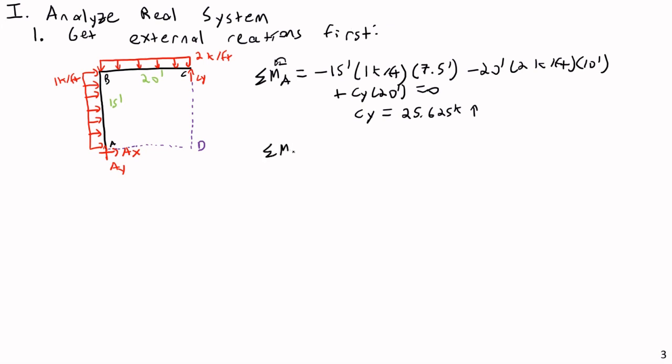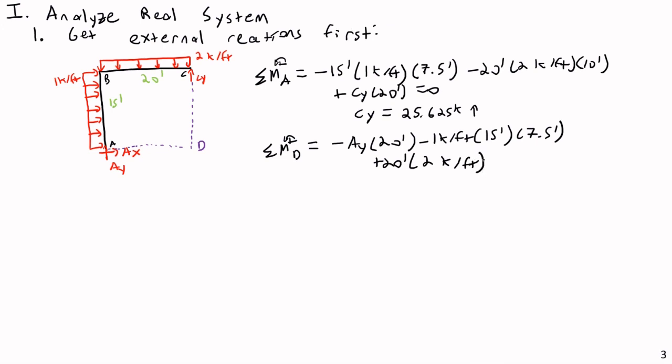So I'm going to do a sum of moments about D, which will be negative AY times 20 feet minus 1 kip per foot, the moment by the horizontal load on the column, times 15 feet times 7.5 feet, plus 20 feet times 2 kips per foot times 10 feet equals 0. If we solve this, we get that AY is equal to 14.375 kips upward.